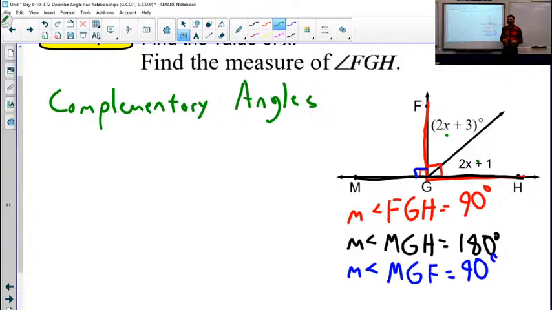Complementary angles. And yes, if you're a stickler for spelling, this is with an E. Complement, meaning that they go together in some way. A complementary angle is just an angle that's really nice to you and says nice things about you. That's a complement. Complement, with an E, is saying that they go together. That's why it's with an E and not an I.